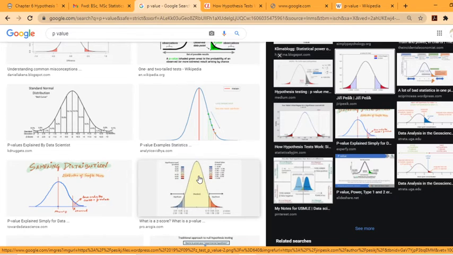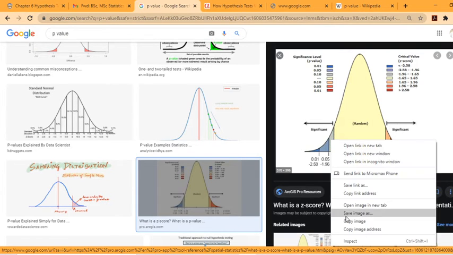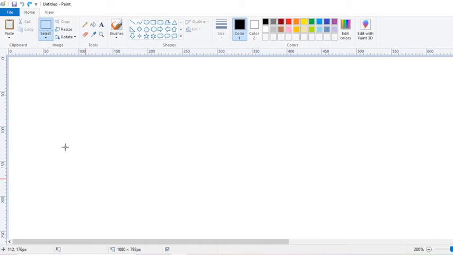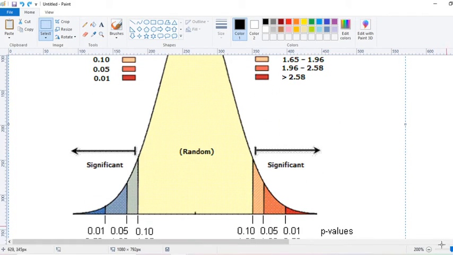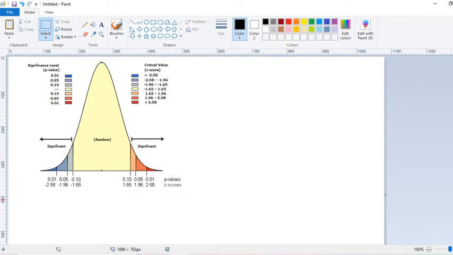I think this will help us, though the size is so small. Let us try. It is very big. Okay, look at this figure.